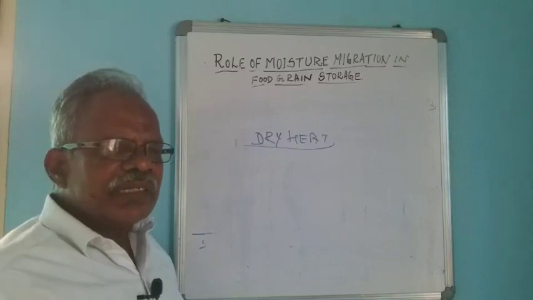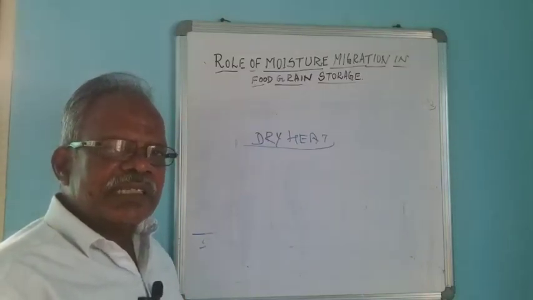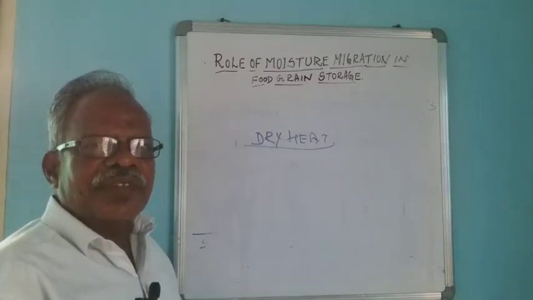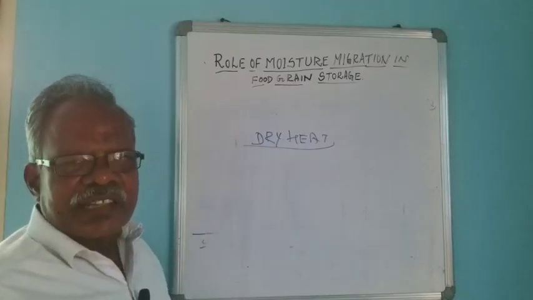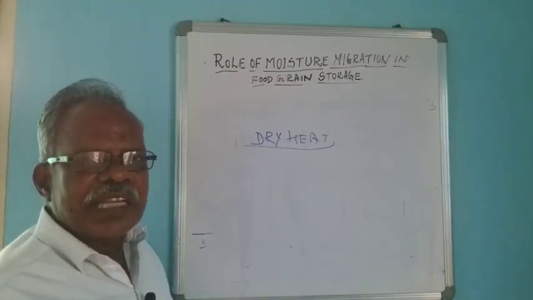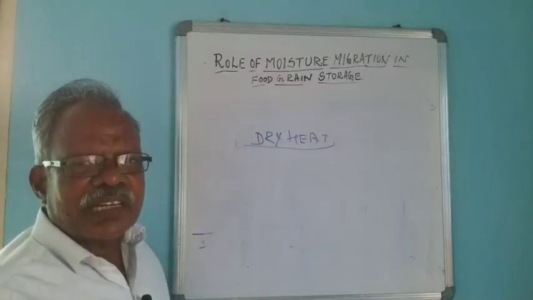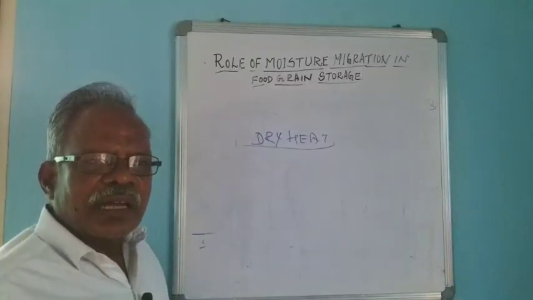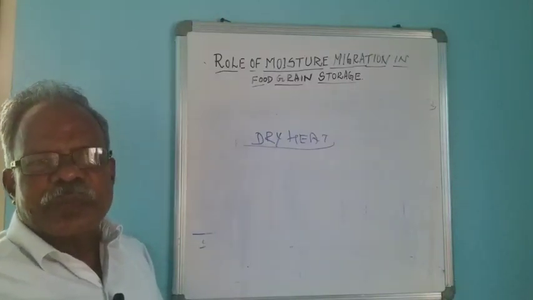Wet heat means when the stock is drenched, or is subject to more moisture, or has more free moisture content, there also is the possibility of fungus development, and the fungus respires, and by that the fungus starts anaerobic respiration, or both aerobic and anaerobic respiration.